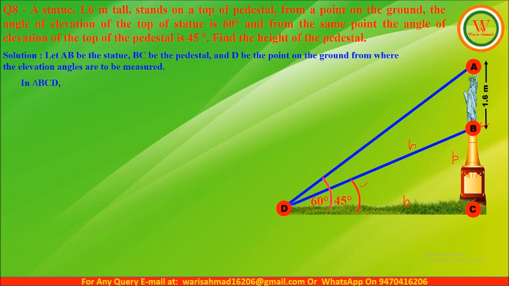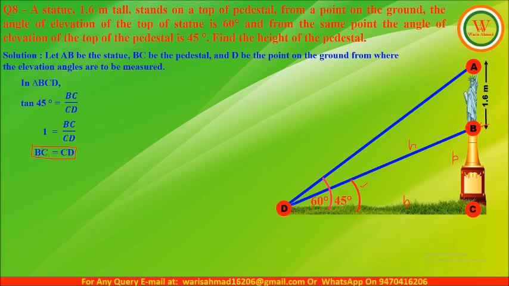So here we can write tan 45 degree equals BC upon CD. The values of BC and CD are not given, so they will remain as they are. Tan 45 degree equals 1. So we can write 1 equals BC upon CD, and finally BC is equal to CD. So this is our very first equation.